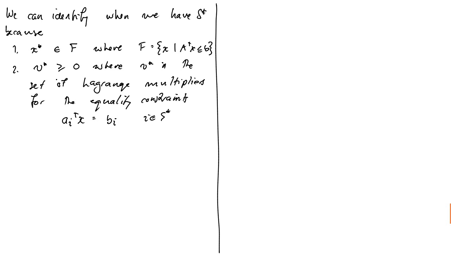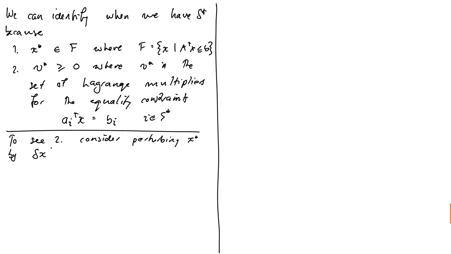Okay, so how do we make sense of number 2 there? To see it, we're going to look at our perturbation method again. Consider perturbing x star by delta x. And we'll see if we can decrease our objective while remaining feasible.